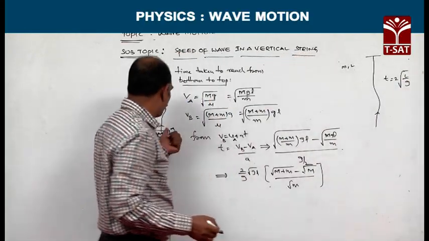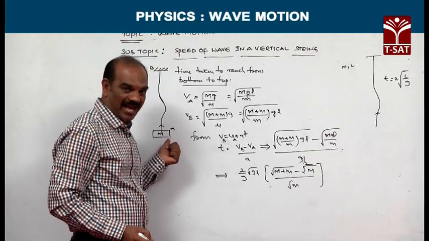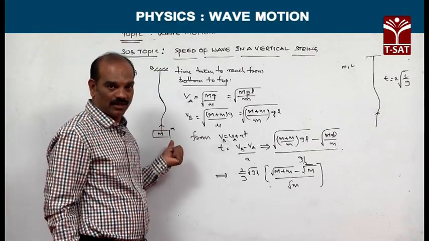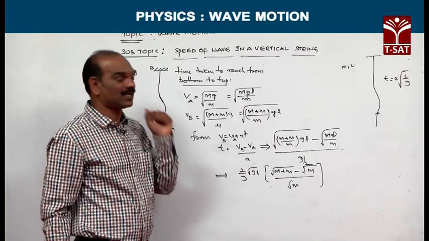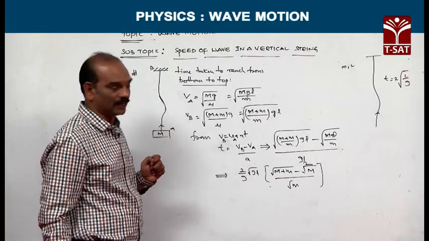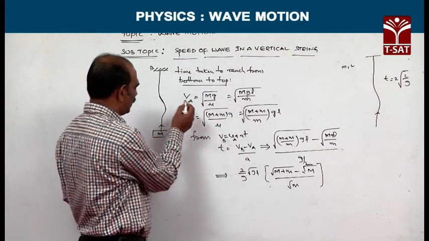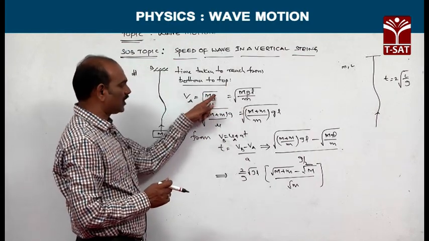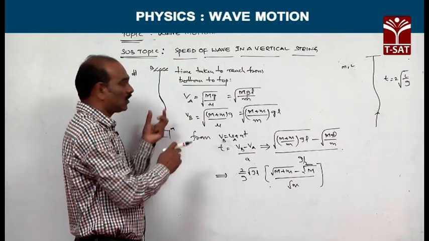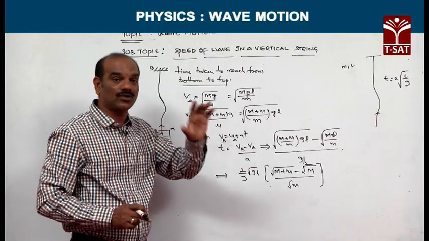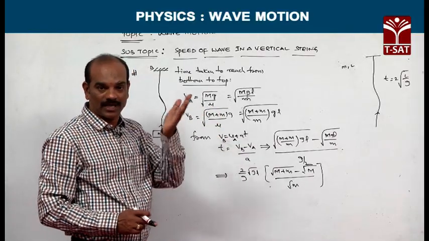Similarly, when a block of mass M is attached at the lower end of the string, we want to find out the time taken by the transverse pulse to reach the fixed end. Here, it is very simple. Speed at A is root of Mg by mu. Speed at B, in addition to the block mass, we should take the mass of the string also into consideration, using the formula root of T by mu.